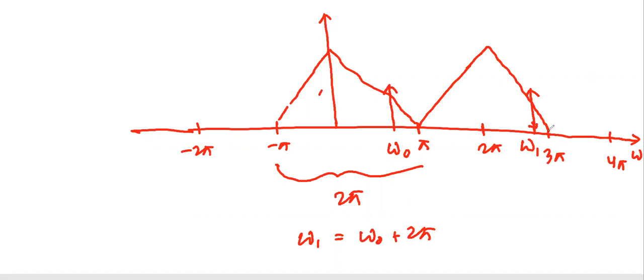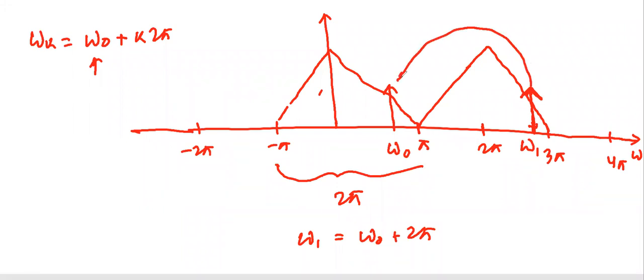Because we have already known that any frequency could be identical with omega 0 plus k twice pi. Here this omega 0 can be mentioned as the baseband frequency, that is the fundamental frequency. So now, if you start with omega 1 in the reverse pattern, you can find something that is identical to omega 0.